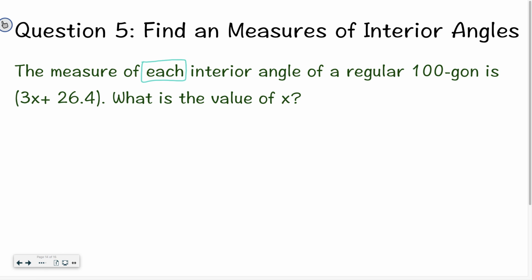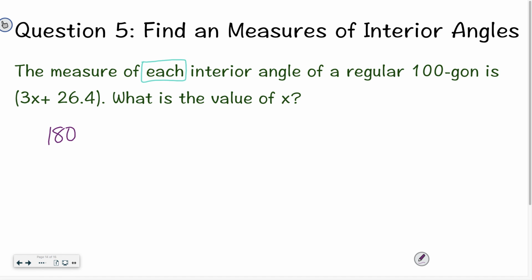But here we have a 100-gon. So you have to figure out what each angle equals before you can solve for x. So you're going to use that corollary again from earlier in the video. Good luck. Hopefully for this one you got x equals 50.